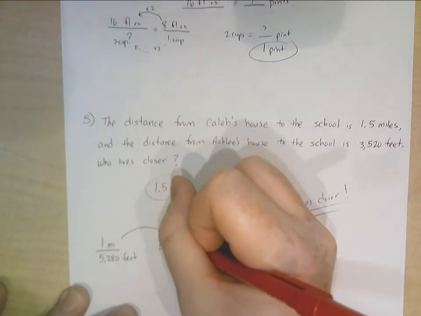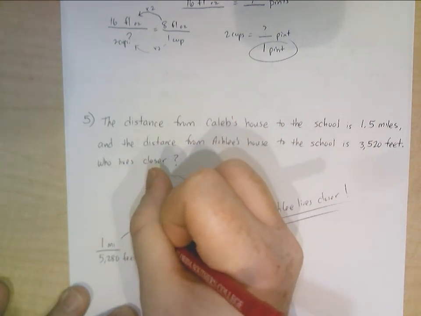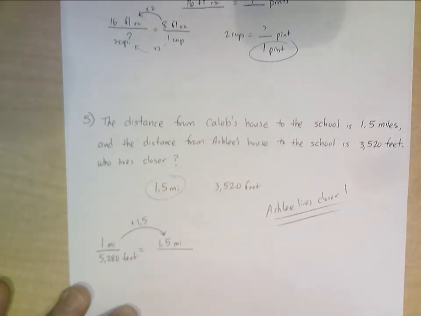How many times can 1 go into 1.5? Well, 1.5 times. That means you're going to multiply the top by 1.5 to get to that number.